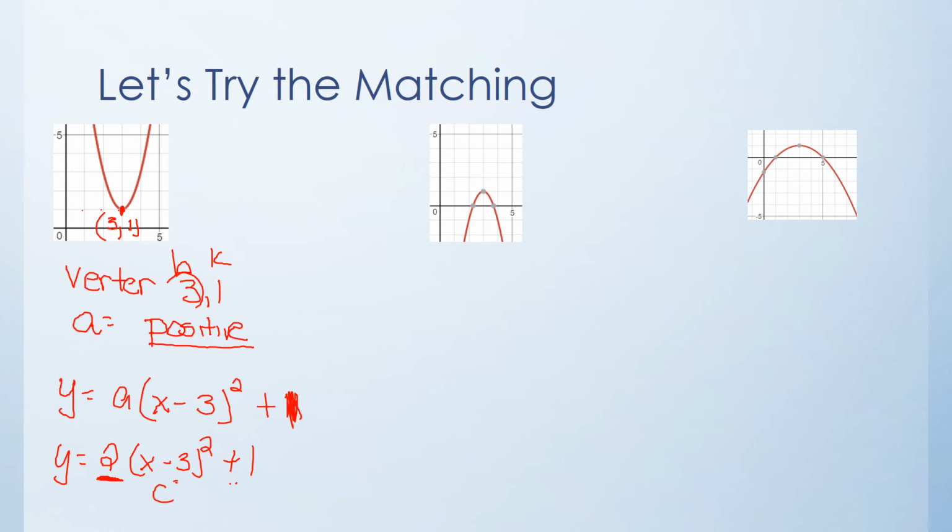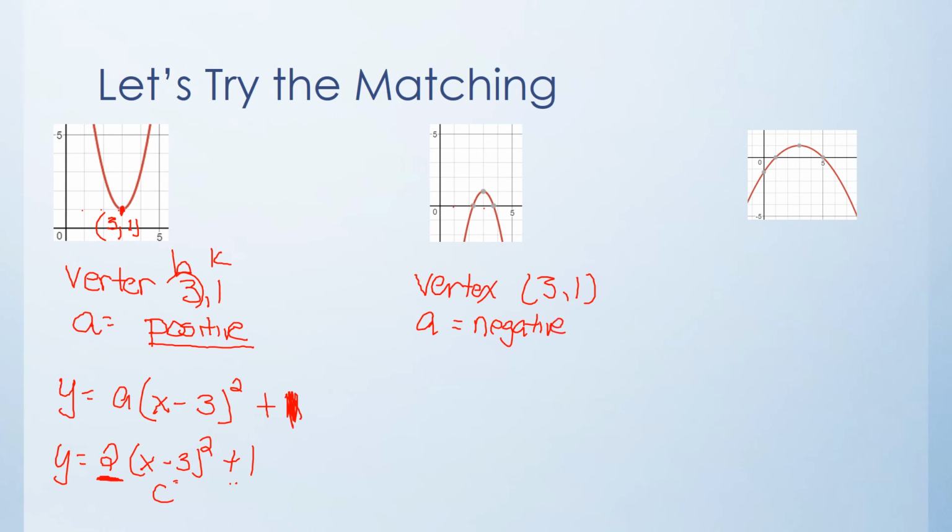Let's start by finding the vertex. So the vertex here is 1, 2, 3, and 1. So A, in this case, A is negative.